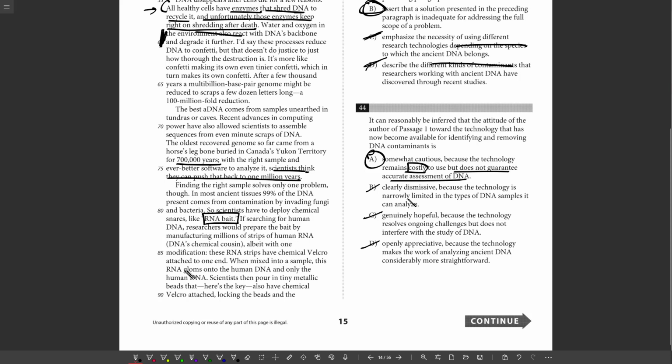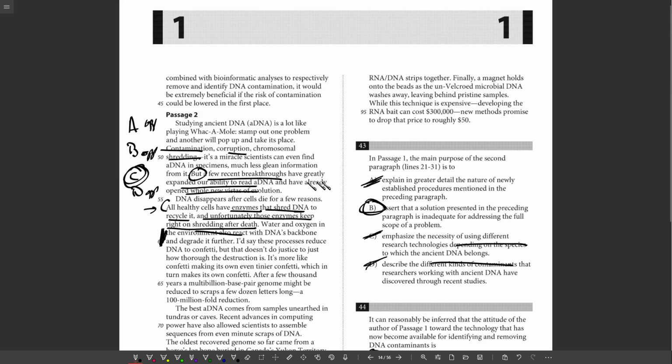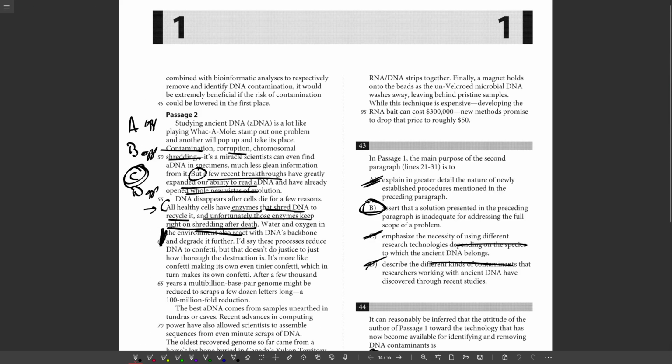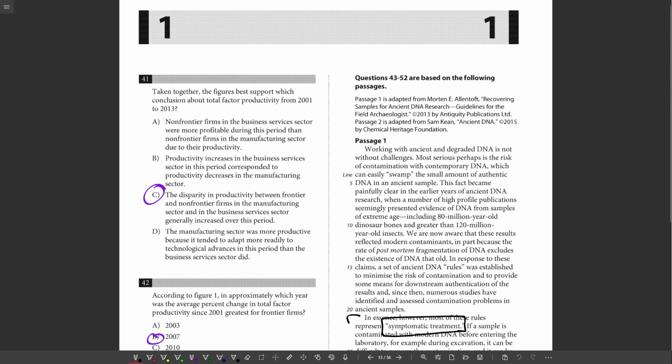When mixed into the sample, this RNA gloms onto the human DNA and only the human DNA. So the idea here is you can use these little RNA baits to pull out DNA from particular species. If, for example, you're looking at the DNA of some horse and you want to remove human DNA, you can use these RNA strips to do that. So would this work in what's described in 27 to 31?